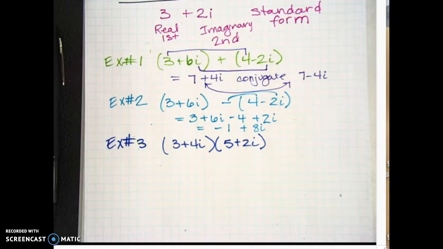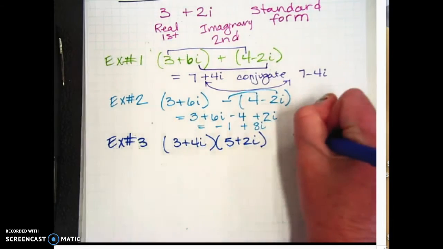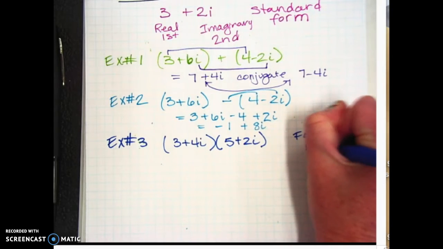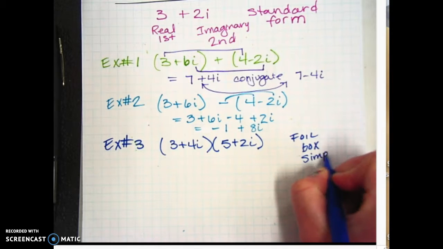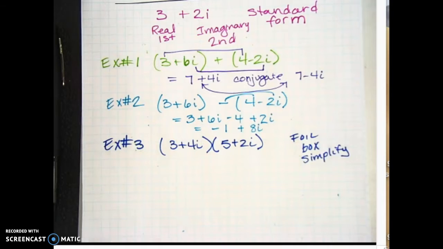That's like a binomial times a binomial, and you can use what? FOIL or the box. And then always look to see if you can simplify. Okay, so if you end up with an i squared, you can't leave an i squared in there, right? You have to change that i squared just like you did yesterday and simplify it to a negative 1.